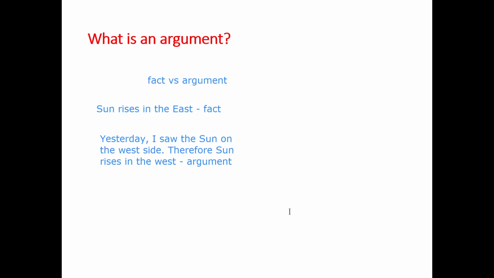When you look at this argument, there is a gap between the first statement and the second statement. So if you have to weaken this, if you have to correct this, how do you suggest? It could be, yesterday I saw the sun on the west side, therefore the sun sets in the west, rather than rising.